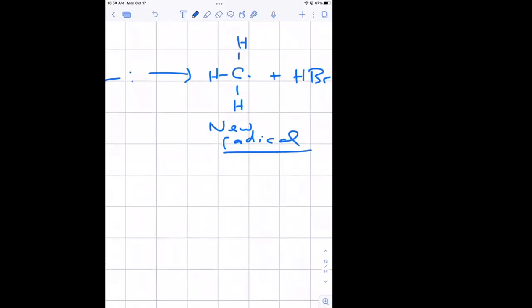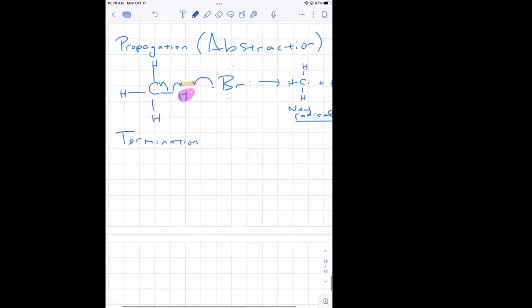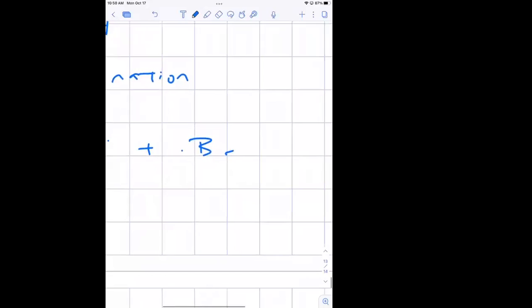All right. Final step is termination. So I want to put together the new radical I made in propagation, this, plus bromine radical. That's what happens. Homogenically, how do I show it?